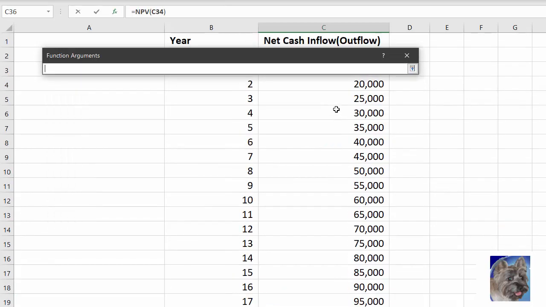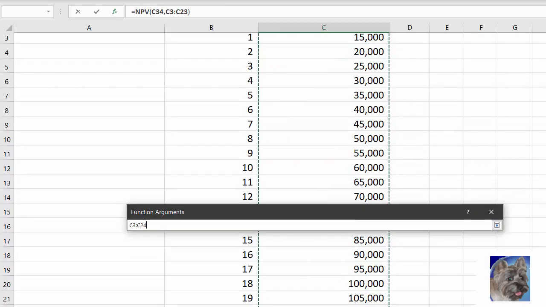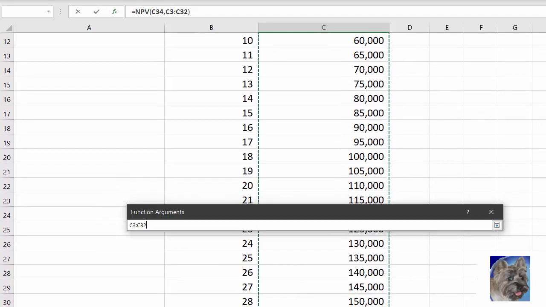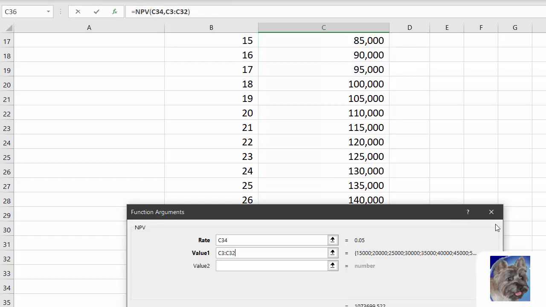So we'll go up and point to where that first period is. Let me move this out of the way. We don't include period 0 because it has to start at period 1. And then you can just hold it down and scroll till you get all the periods in there. When I do that, we're going to first get the wrong answer.